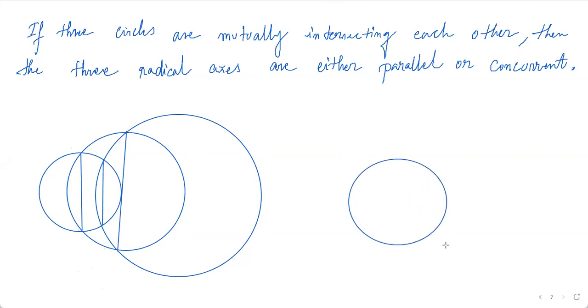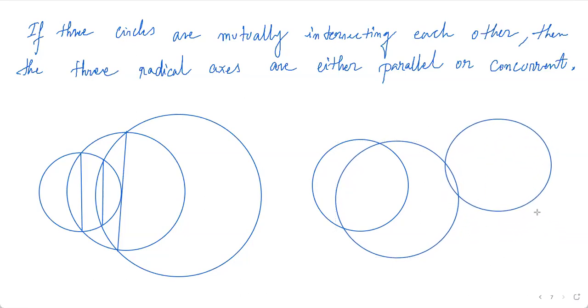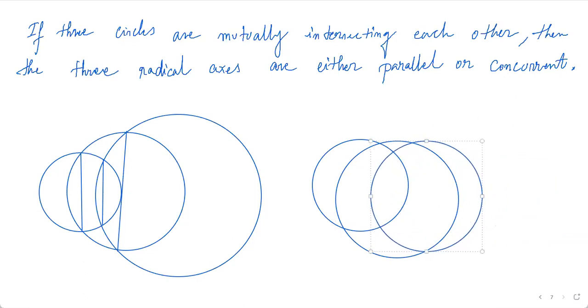Another situation is something like this. This is the first one, this is coming from the second one, and this is coming from the third one. So either they are parallel or they are concurrent.